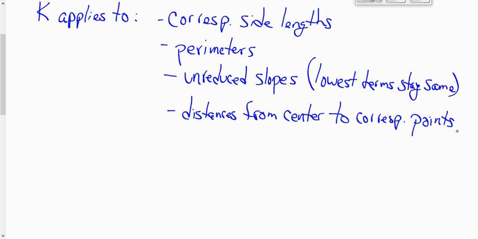If someone asks you, let's say the area of the original rectangle was 5 square units. If you dilate with 2, what do you think the new area would be in the new rectangle that's twice the size? Doubled? Yep. But wait a minute. We have a rectangle.